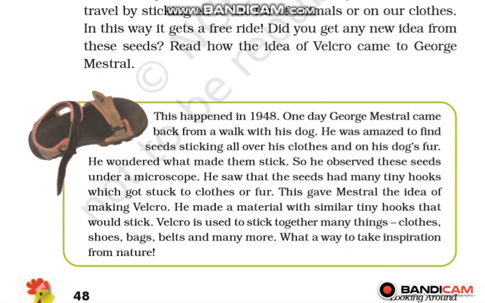He made a material with similar tiny hooks that would stick. Velcro is used to stick together many things like clothes, shoes, bags, belts, and many more. What a way to take inspiration from nature.